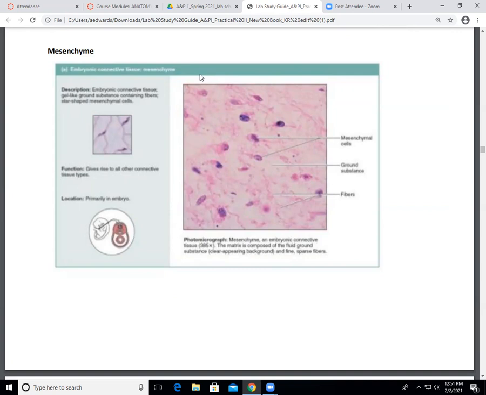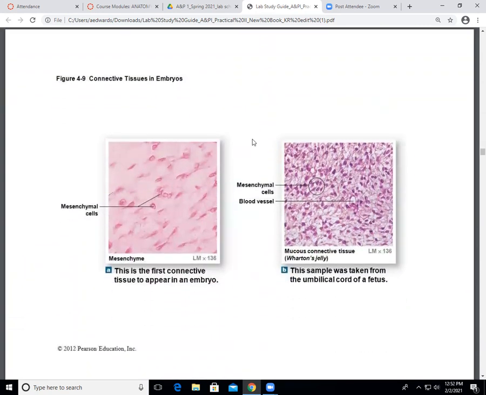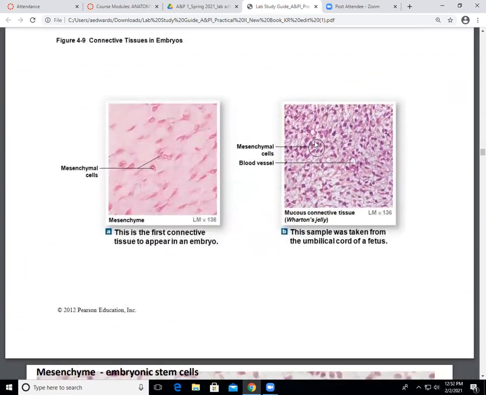These cells right here are mesenchymal cells. That's not a great picture, but I think you should have a picture also in your lab manual. Here are some more pictures. When you have lots of these little dots, these are mesenchymal cells.